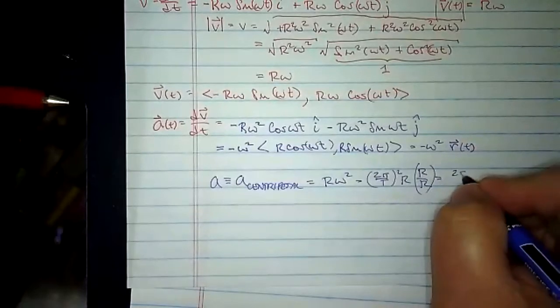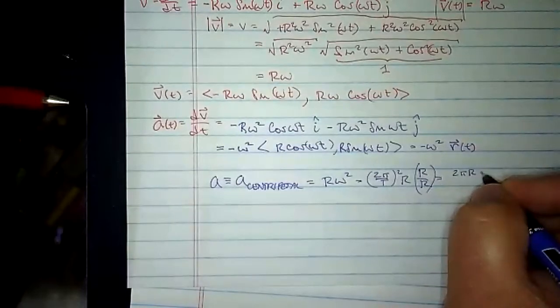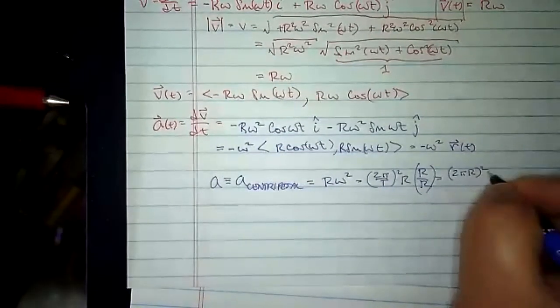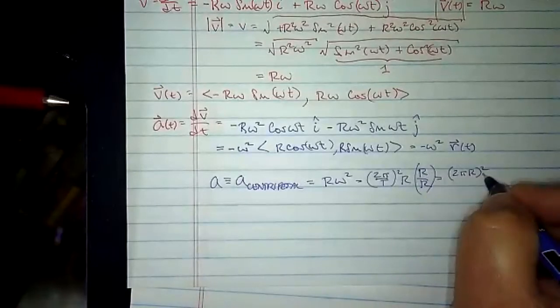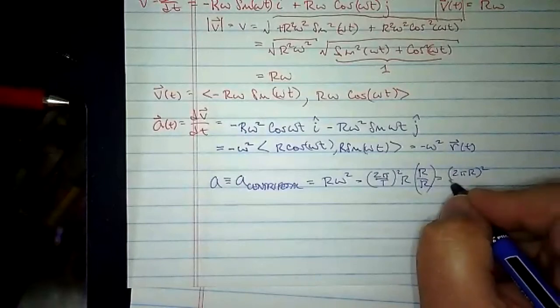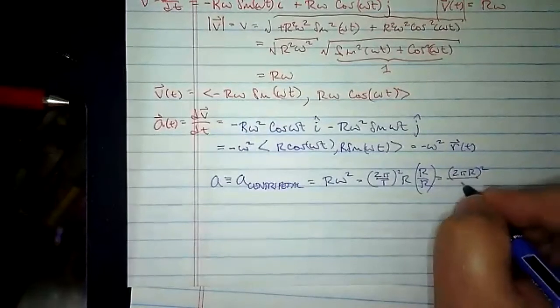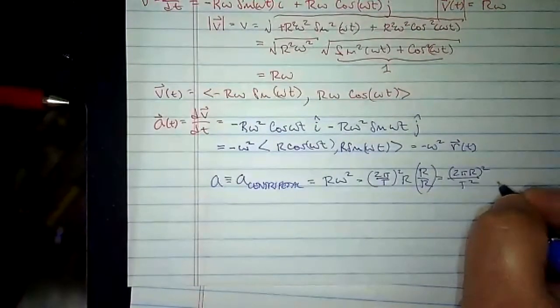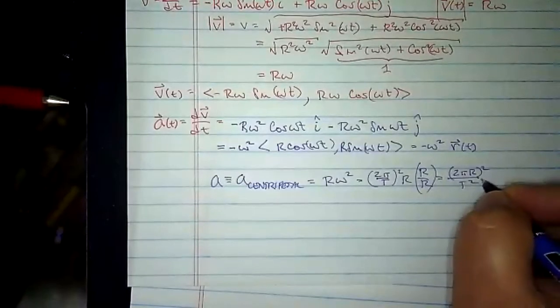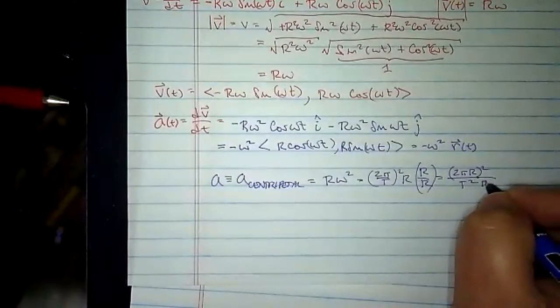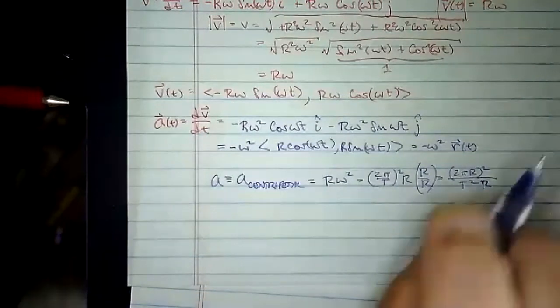So now I get 2 pi r squared. That r and that r make that squared. And then I can divide that by T squared and then by r, because there's the r that I brought in.